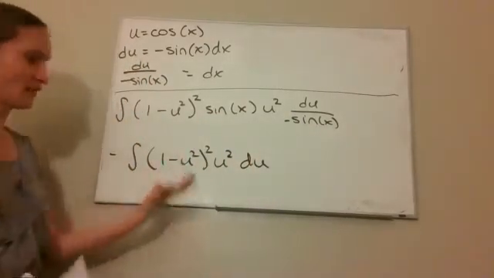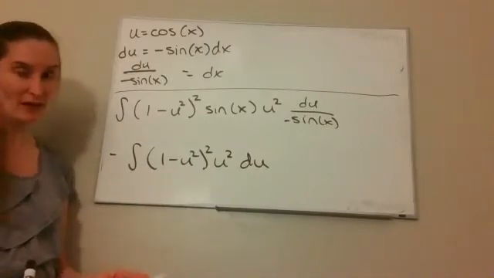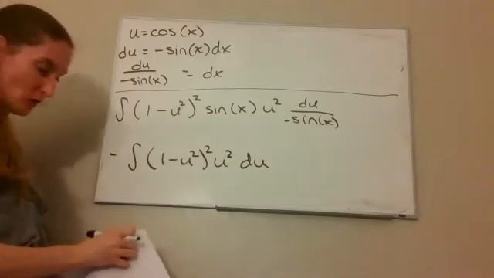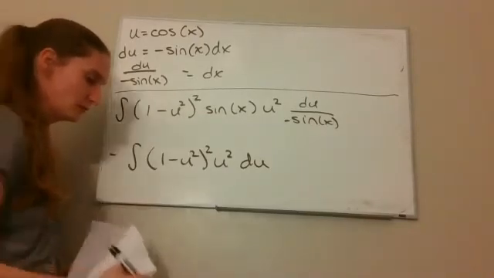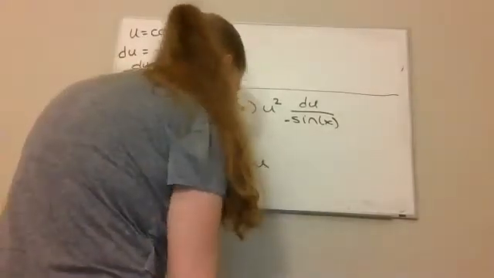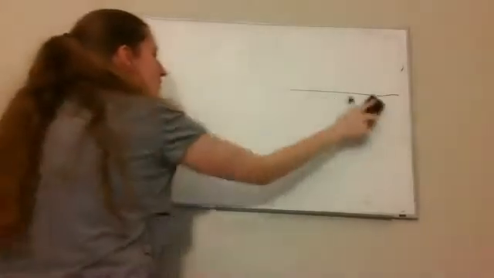And now I just have to do some algebra. I can distribute this 1 minus u squared, squared, and then distribute my other u squared into that, and then we'll be ready to just use a power rule. So let me do a bunch of distribution.